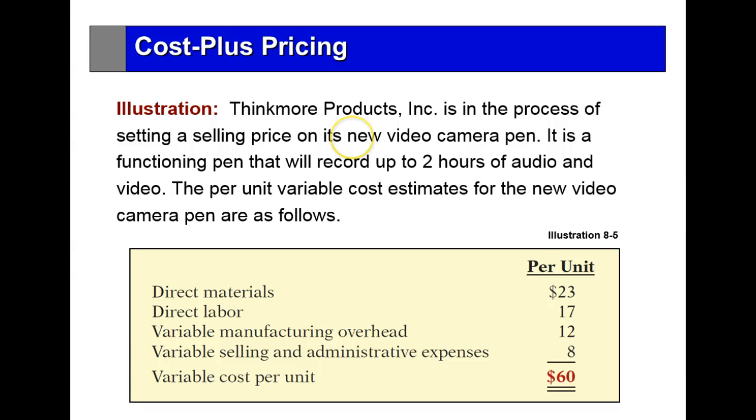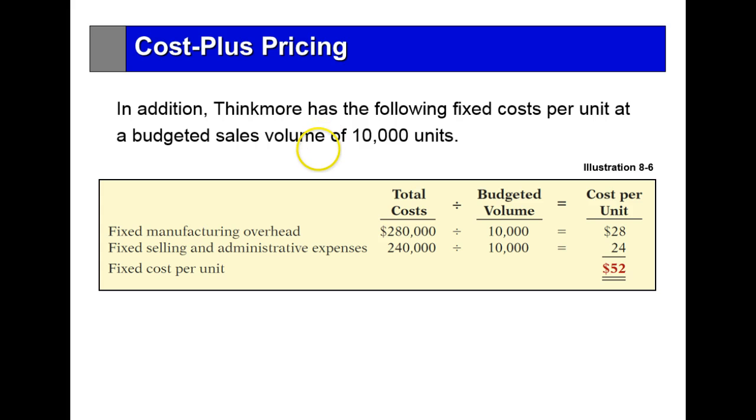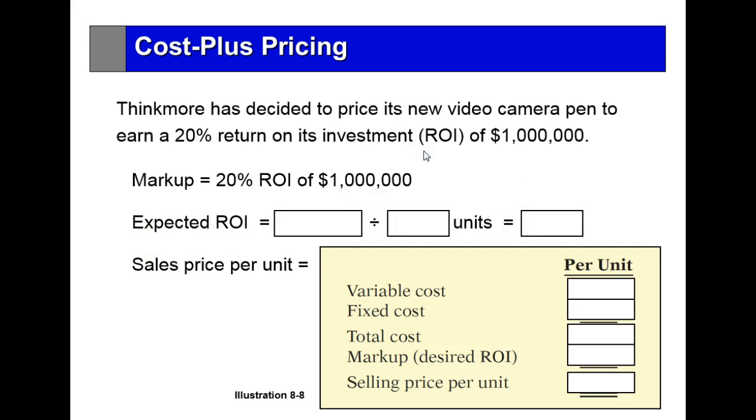We've got direct material, direct labor, variable manufacturing overhead, and variable selling and admin, which give us a cost per pin of $60. In addition, Think More has the following fixed cost per unit at a budgeted sales volume of 10,000 units. So we need to add to that $52 if we produce 10,000 units.